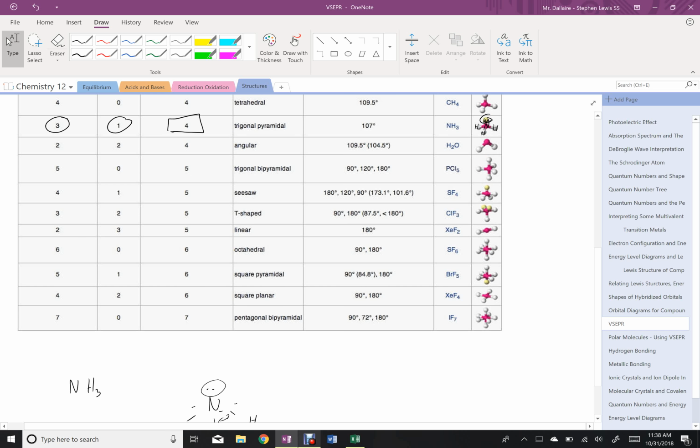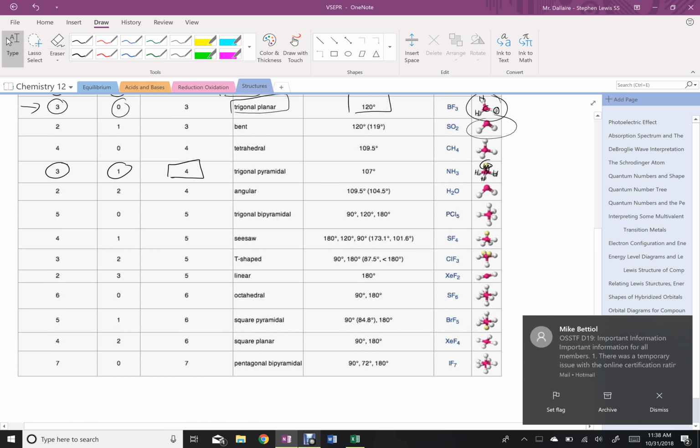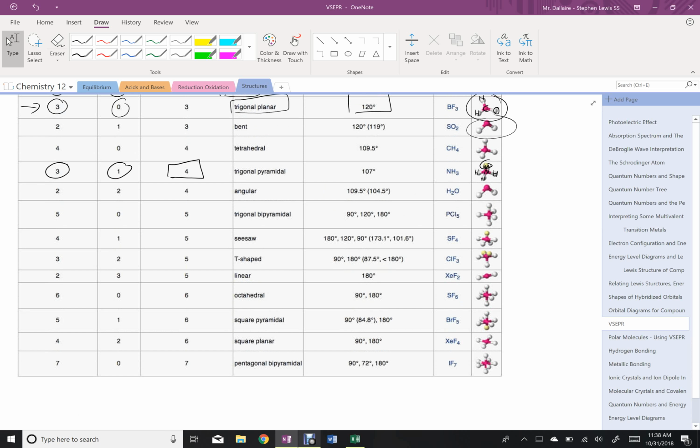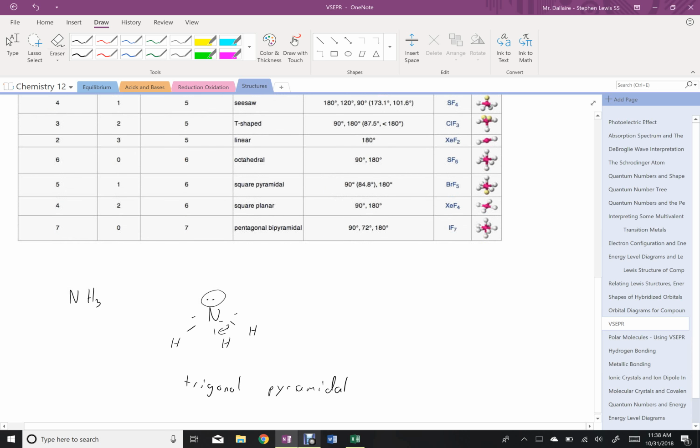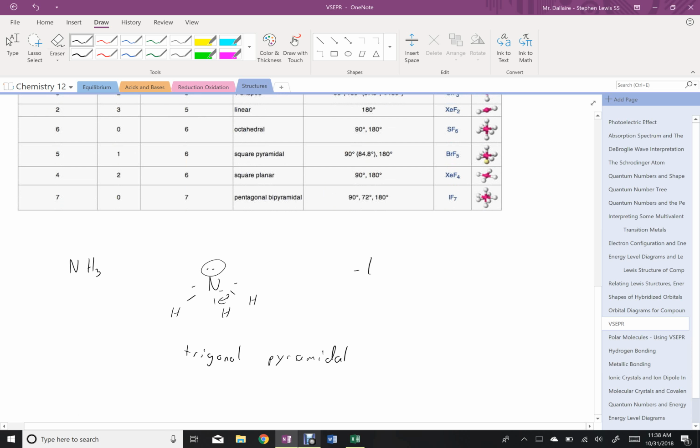If you did it from a tetrahedron, you'd think it was going to be 109, but the angle given by VSEPR is a little bit more accurate than that. VSEPR recognizes that the lone electron pairs repel a little more than bonded pairs.